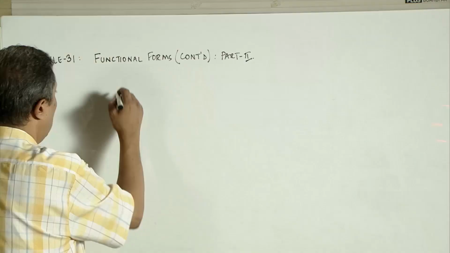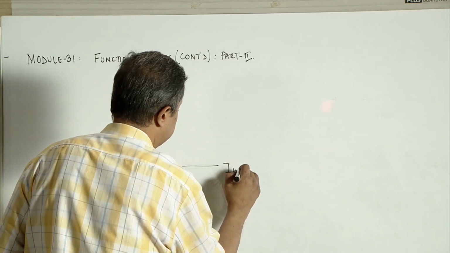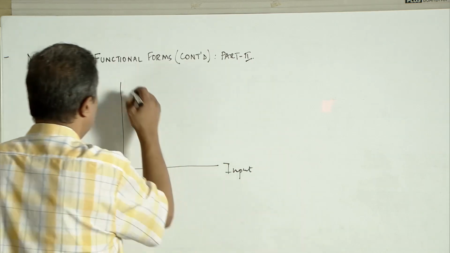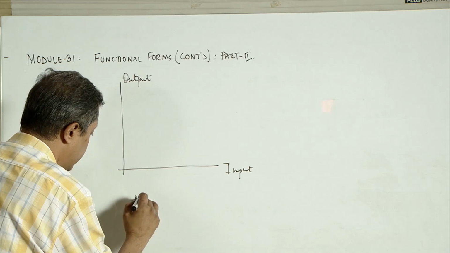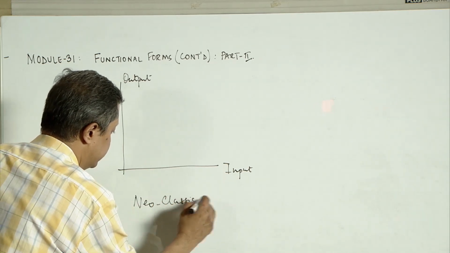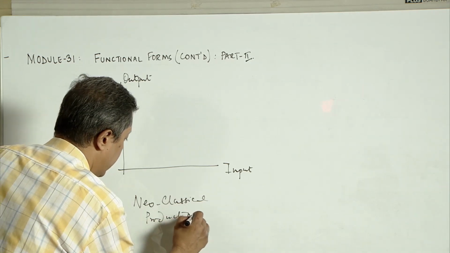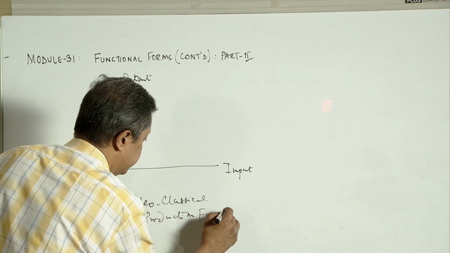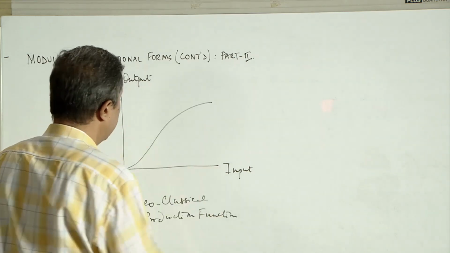As we earlier saw, the relation between input and output in the neoclassical production function is a nonlinear relation.